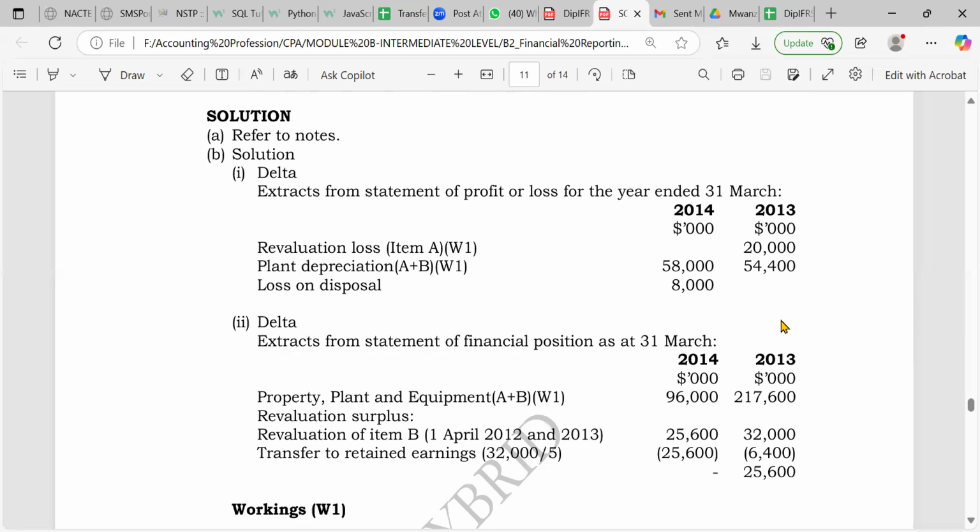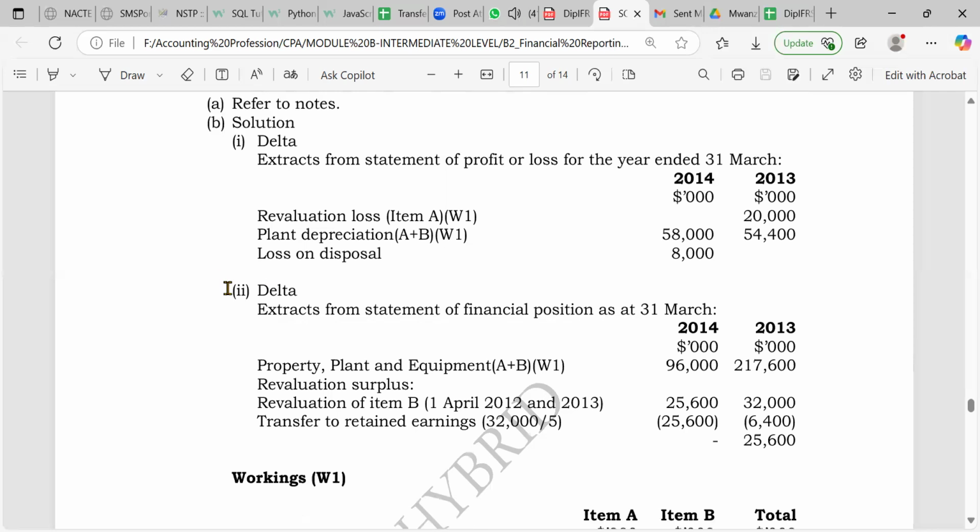Now you have to understand one thing. That revaluation gain in other comprehensive income, I told you it goes to revaluation surplus, right? In the statement of financial position. That's why when you come to Roman 2 here, you find out that we have revaluation of item B on 1st April 2012. It was 32,000.